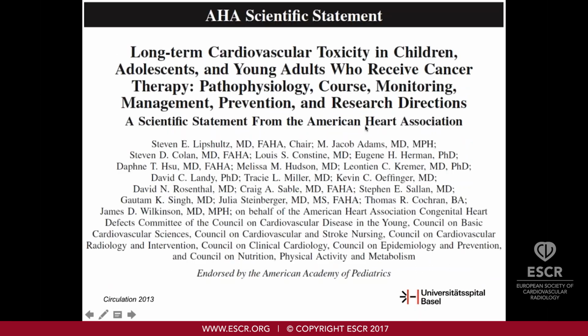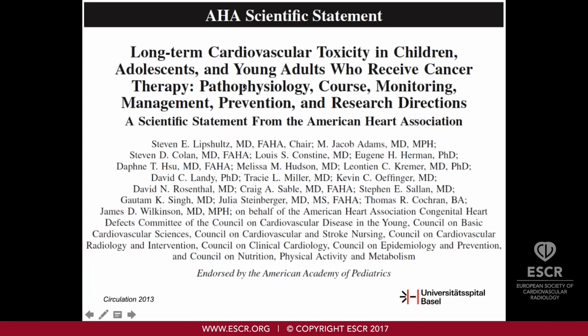Now we talked about mapping techniques, T1 mapping, pre and post contrast, extracellular volume mapping. When we talk about mapping, of course we have to know what is normal and what is not normal. So what is the range of normal values?